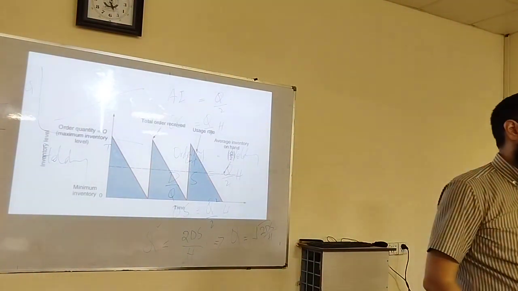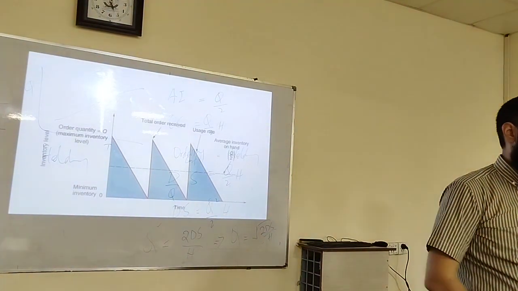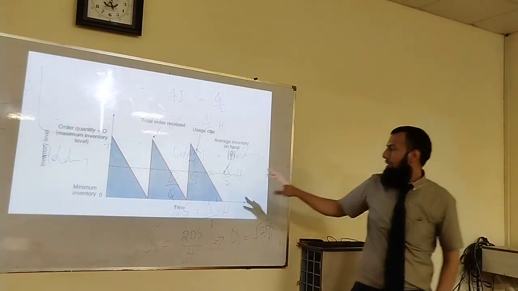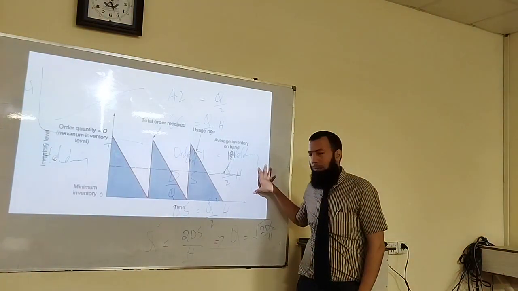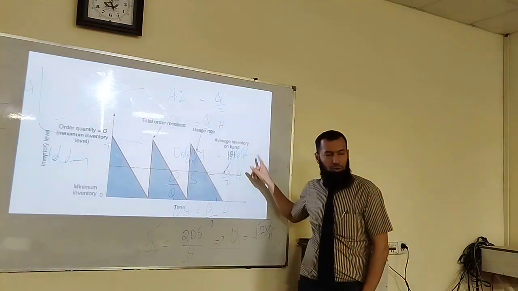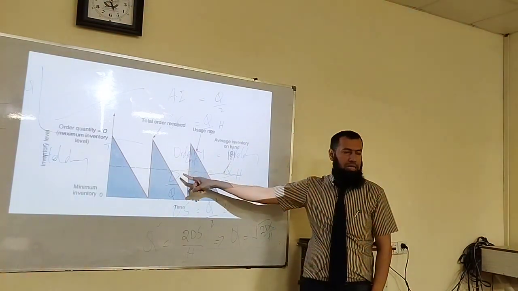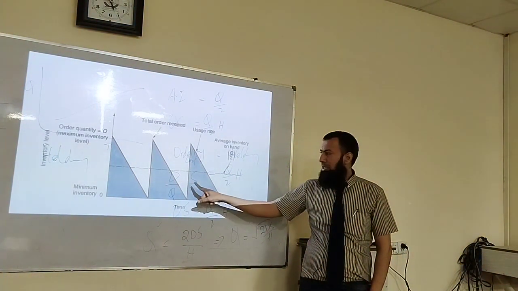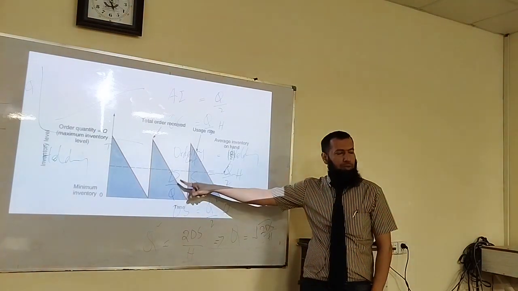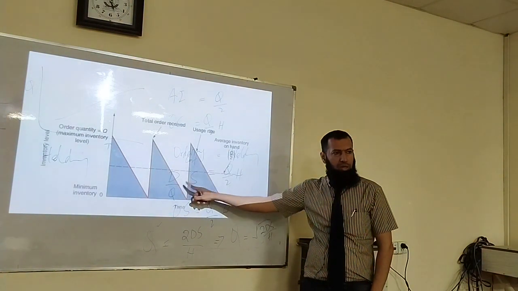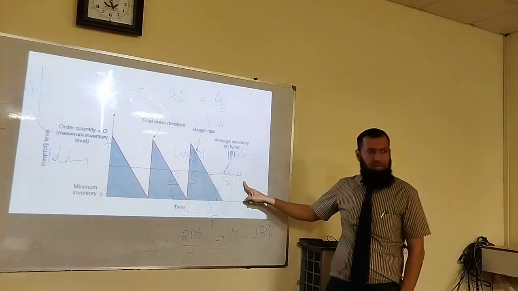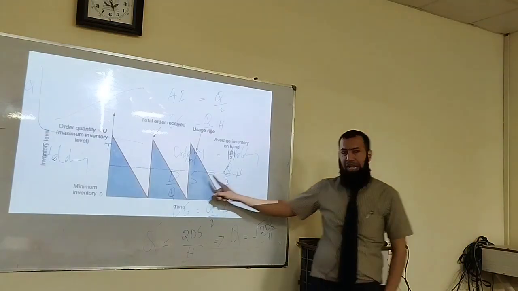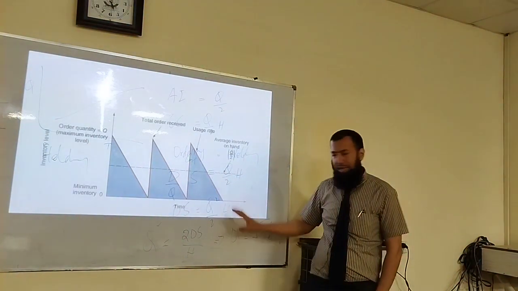I hope you remember. In the exam you will not be given the formulas, so remember them. Break up the formula into two: ordering cost equals holding cost. Ordering cost is D by Q into S, and holding cost is H into Q by 2.